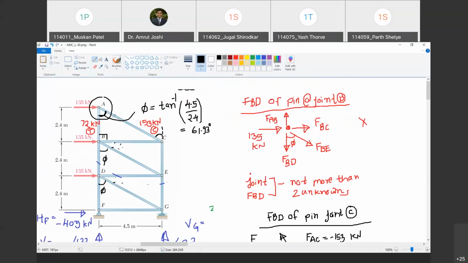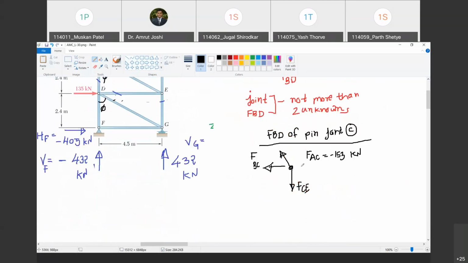Yes, sir. So these are alternate angles. They are going to be the same. Do you agree with me? Yes, sir. So therefore, I have to show this angle as phi. And how much is that phi? 61.93 degrees. Happy? Yes, sir.